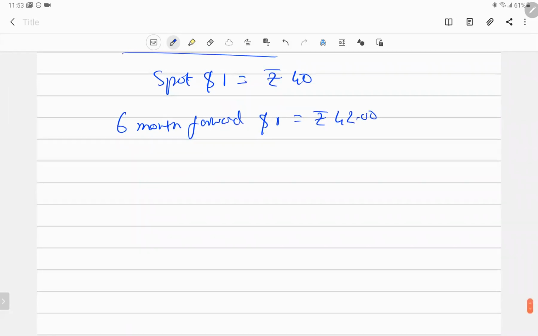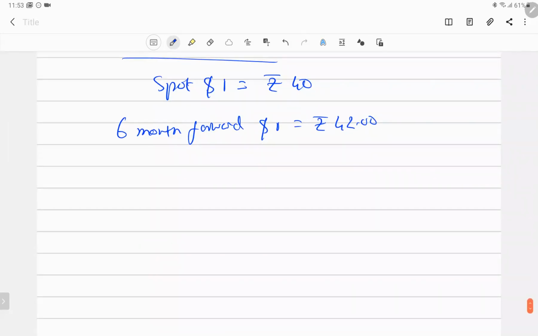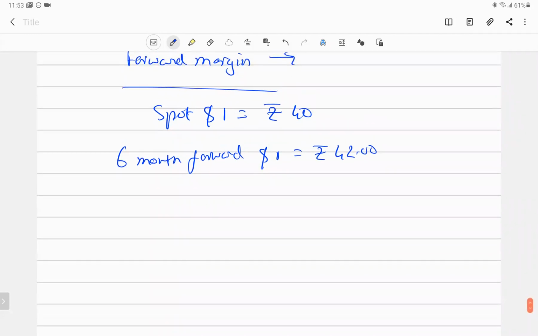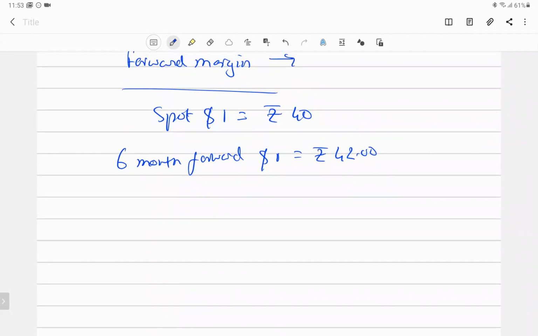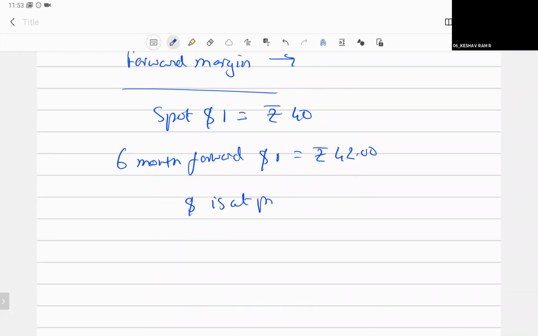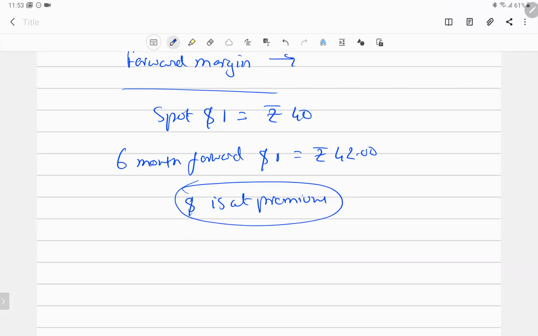So tell me whether the dollar is costlier or cheaper. If it is a forward contract, it will be costlier, sir, because you have to pay more money than on the spot. So it means that the dollar is at premium. Getting the point? Yes, sir. Okay. Dollar is at premium.